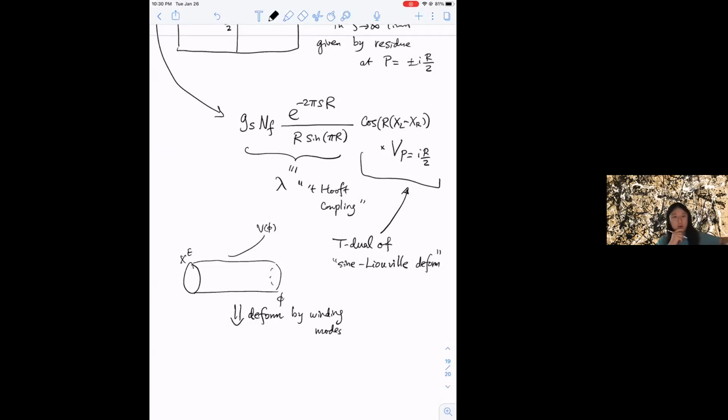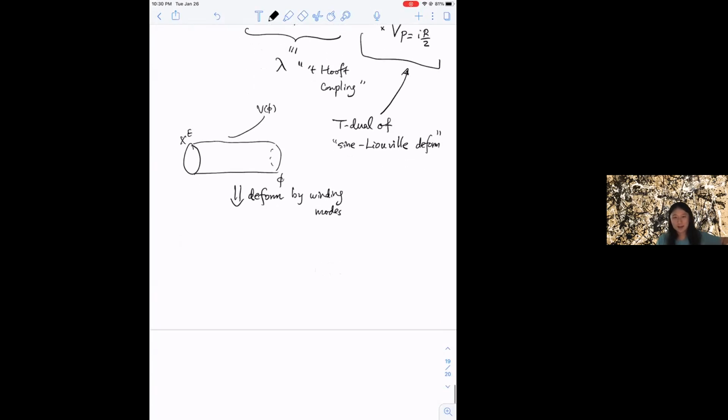So what does it do? Well, at least heuristically, your expectation might be that if you deform by the winding mode, then winding number is no longer conserved. So geometrically, if the topology is a cylinder, winding number will always be conserved. So the only way for the deformation to destroy winding number conservation is if the cylinder caps off. It looks like a cigar.